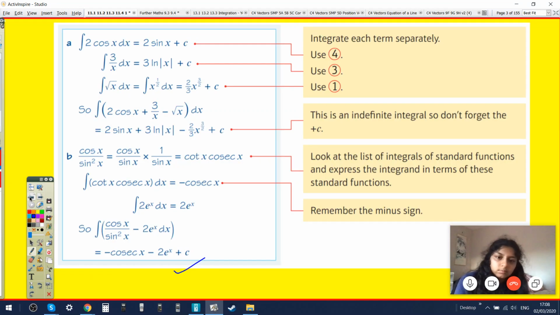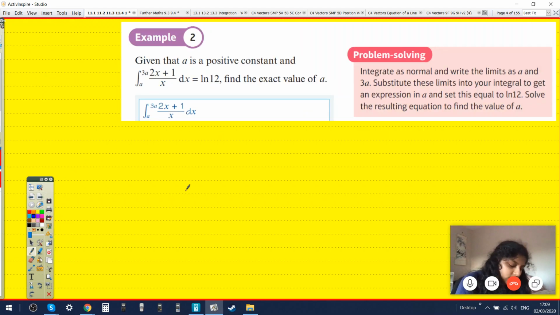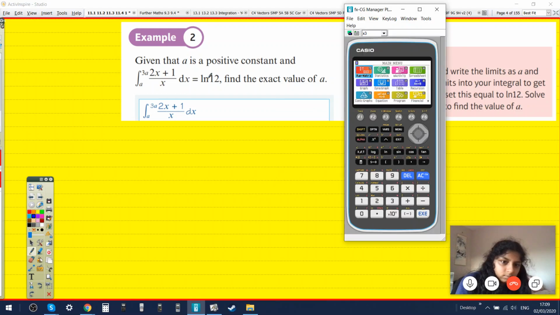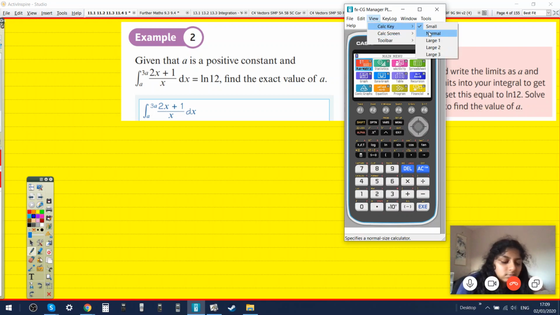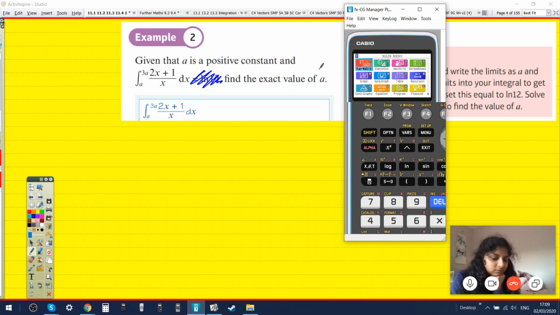We did part A here, and you got 3 ln magnitude of x, so when x is the denominator. So it's ln 2x plus 1? You're overthinking it. Integrate. And then just make your answer equal to ln 12. I don't get it. Integrate. That doesn't exist. Integrate. How do I integrate that?